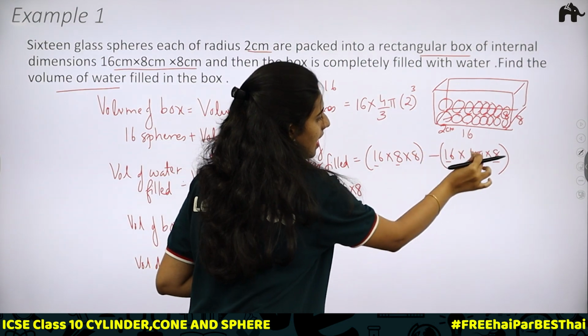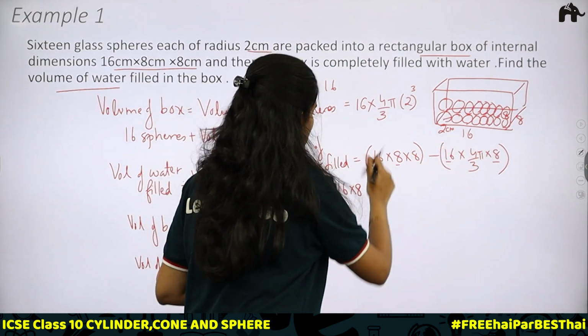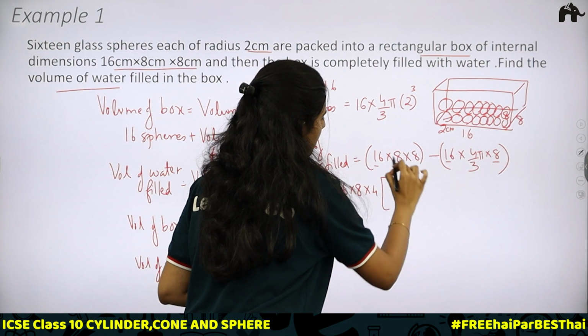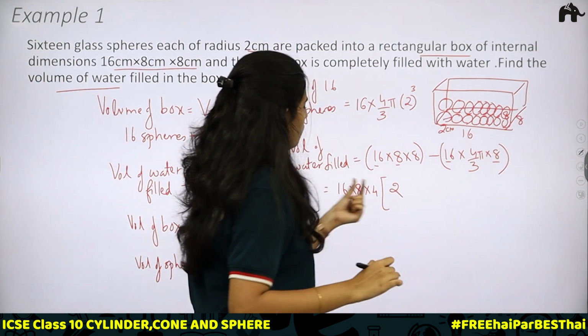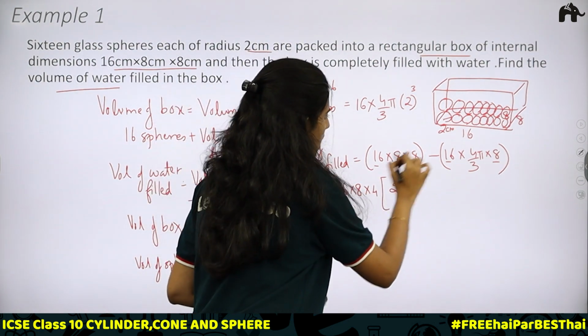Here we have an 8 and here we have 4. So I am taking 4 out. Then the remaining here will be 2. 4 into 2 is 8. We are taking 4 out.